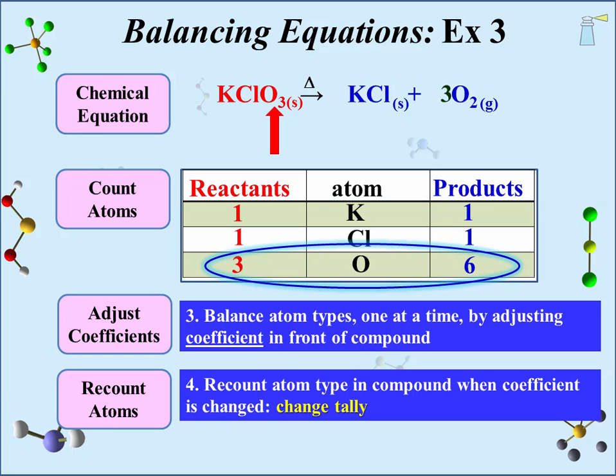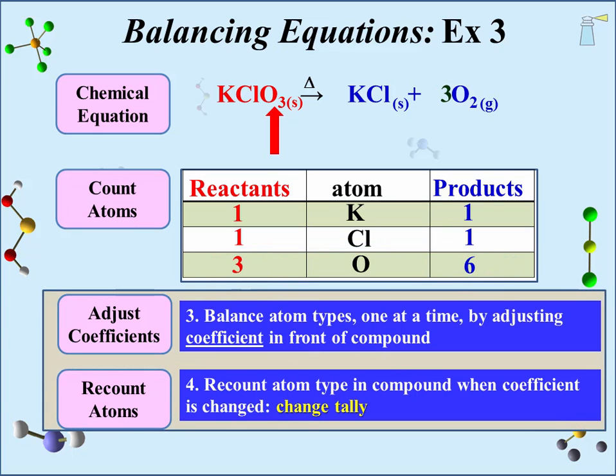The potassium chlorate needs to have a larger coefficient to balance the oxygen, so steps 3 and 4 are repeated. The question for this compound is what coefficient times the subscript of 3 on the oxygen will give a value of 6. That is a 2, which is inserted in front of the compound and requires a recount of the atom type in that compound.